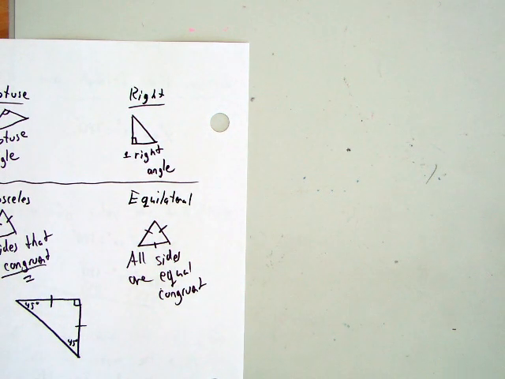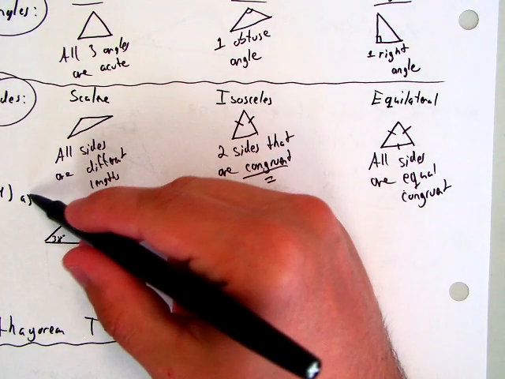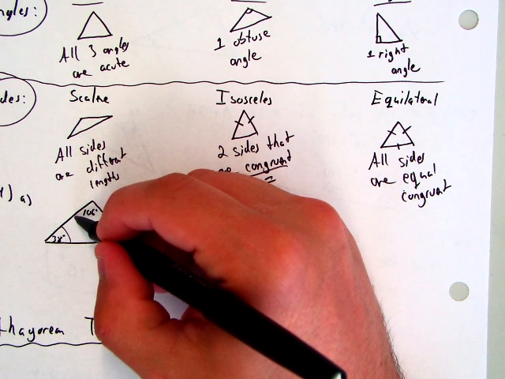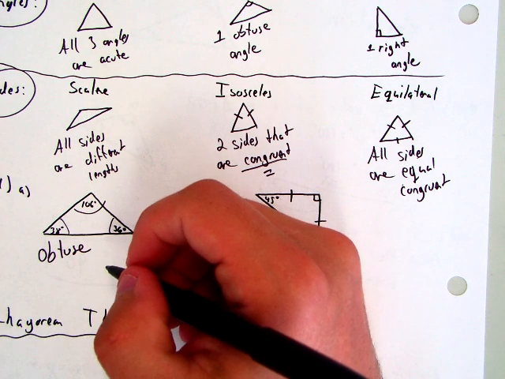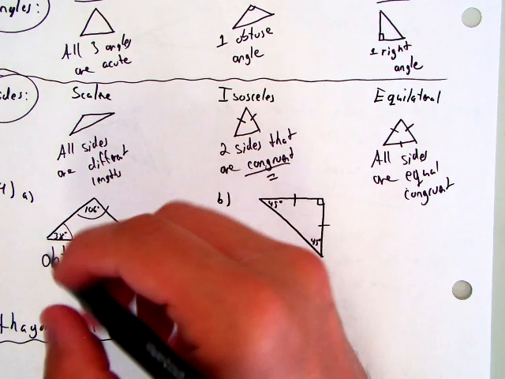So let's utilize that information to figure out how to classify triangles in example 4 for letters A and B. So, letter A, I have a 38, a 36, and a 106. So already we know that this is obtuse. Because all angles are different, that means all the sides are different.